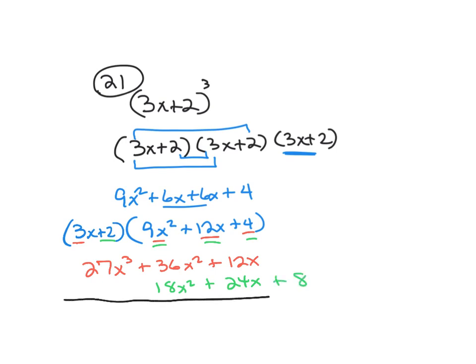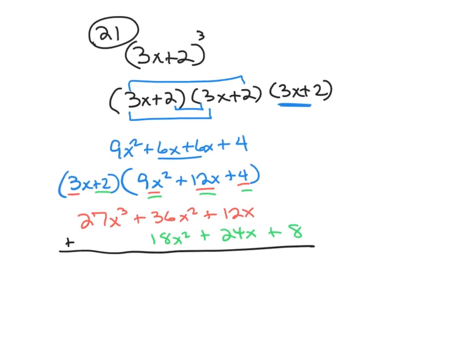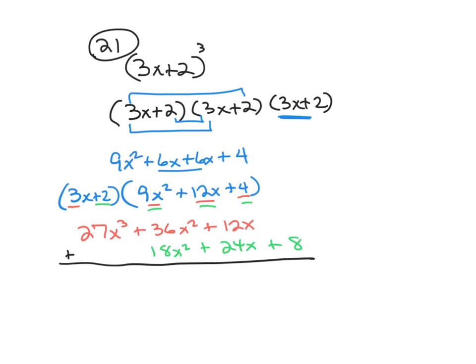Now I'll go ahead and add this up, and this will end up giving me 27x cubed plus 54x squared plus 36x plus 8, and that would be your final answer.